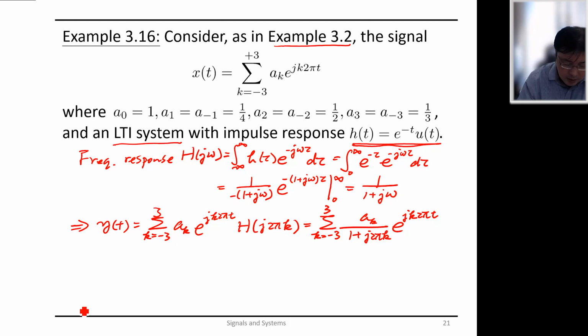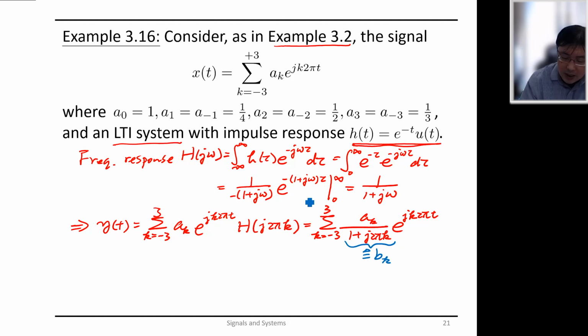So this is the Fourier series coefficient for the output signal y of t. Let's denote this as b_k.